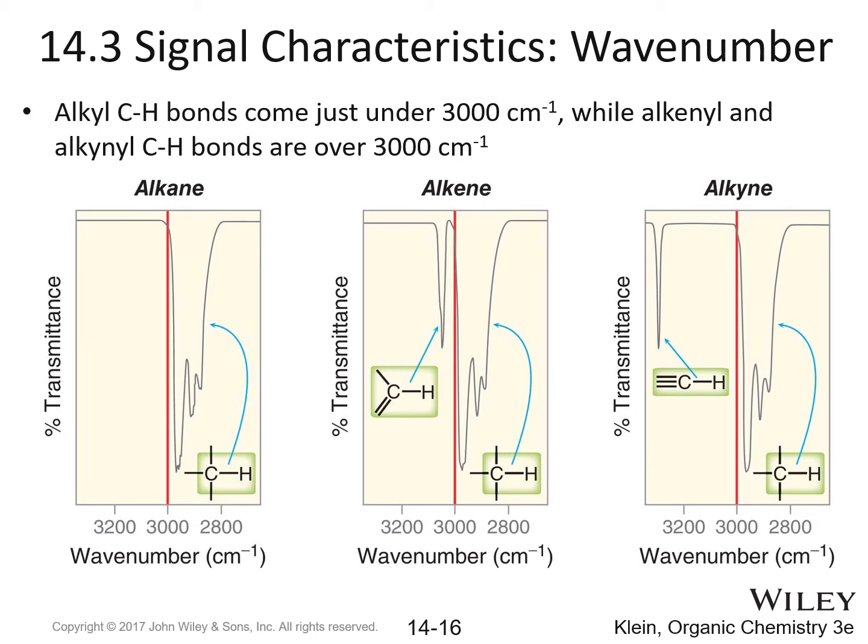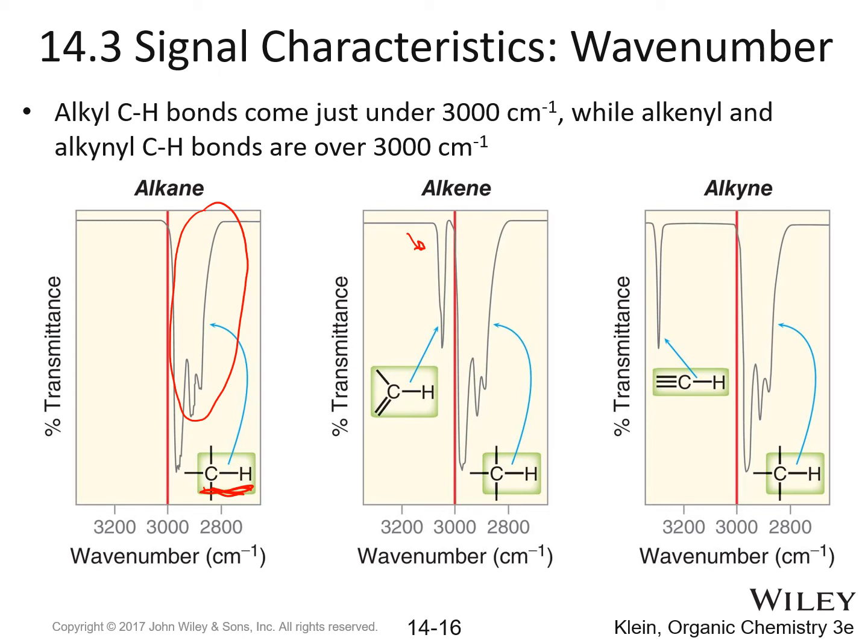So if we're looking for sp, sp2, and sp3, we can look at the following examples. Everything here in this region, these are your alkane CH stretching frequencies. They're low. And the reason they're larger than the alkene peaks is because most molecules have a lot of carbon-hydrogen bonds.